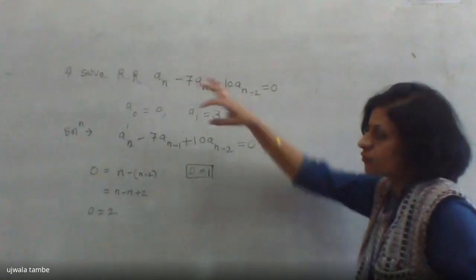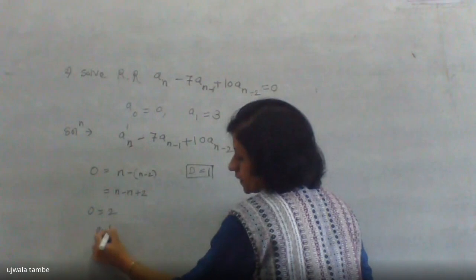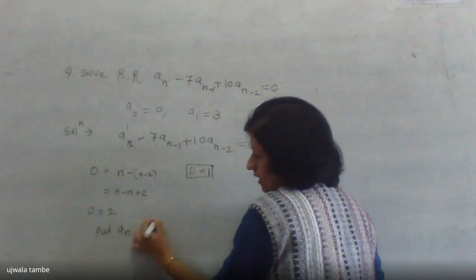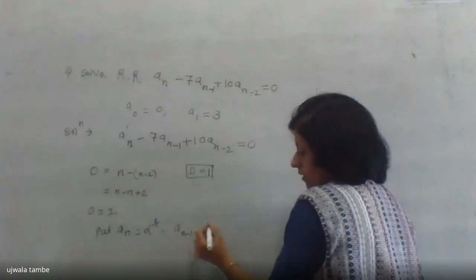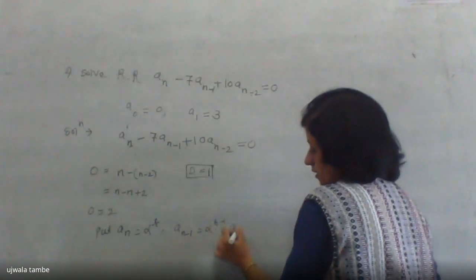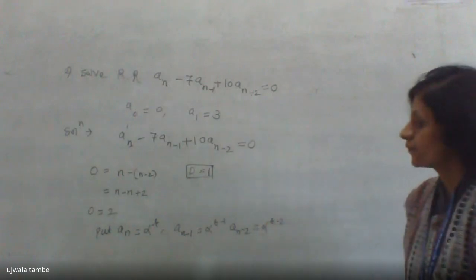The next step is to find the characteristic equation by putting a_n equal to alpha raised to r, a_(n-1) equal to alpha raised to r minus 1, a_(n-2) equal to alpha raised to r minus 2.